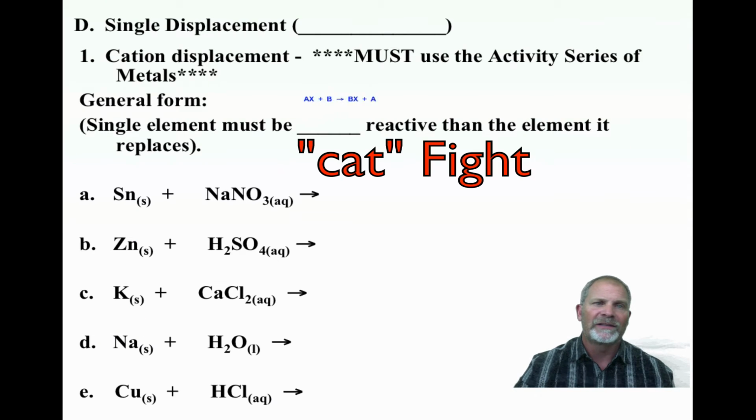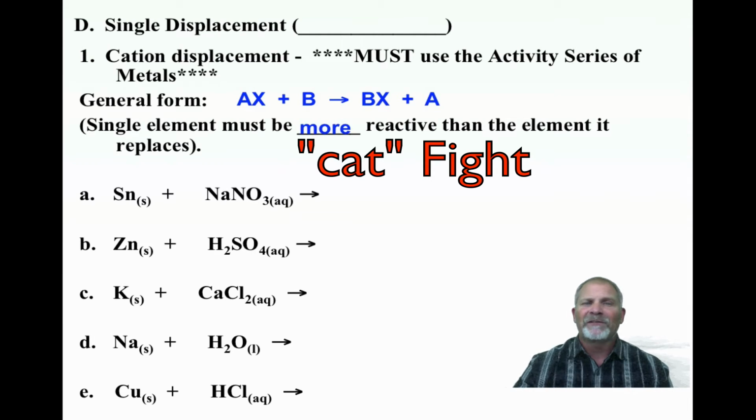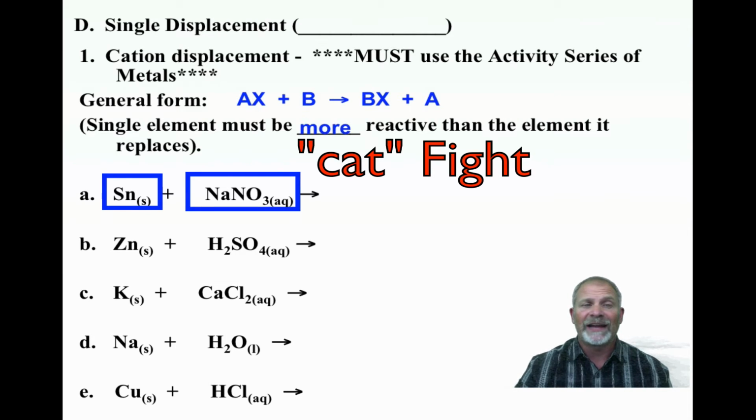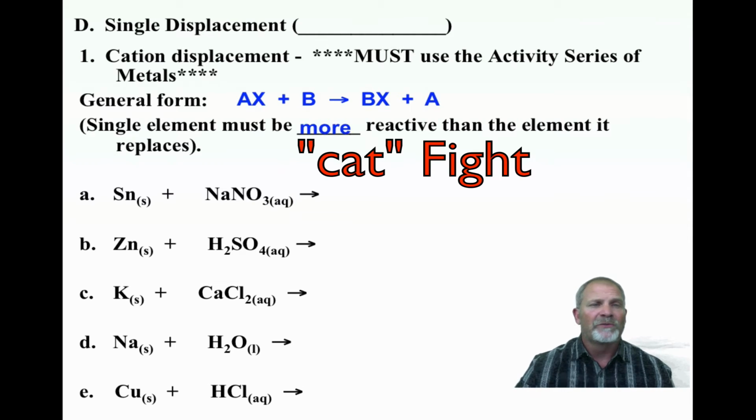So our first one is single displacement or single replacement, and it's again dealing with the cation displacement. So we're going to focus on the cation. Single displacement stands out because on the reactant side, I have an element and I have a compound. This is the only one that has an element and a compound. To figure out what type of displacement I'm working with, I look at the element.